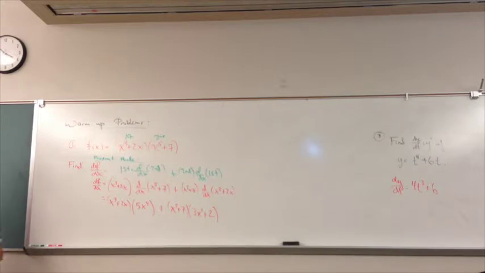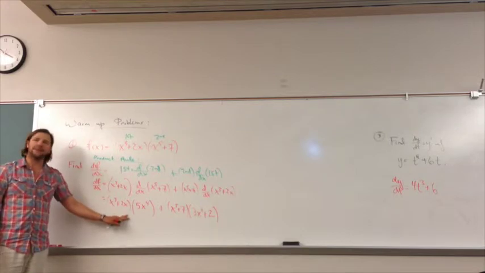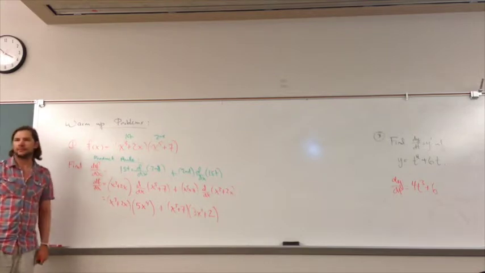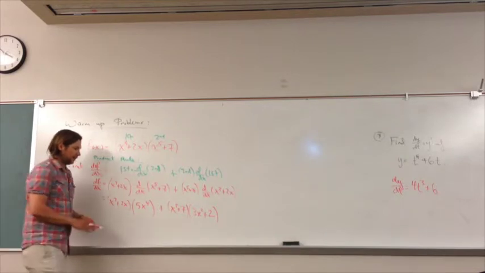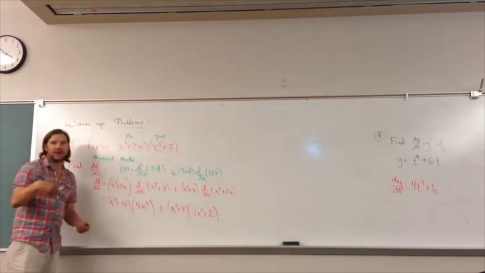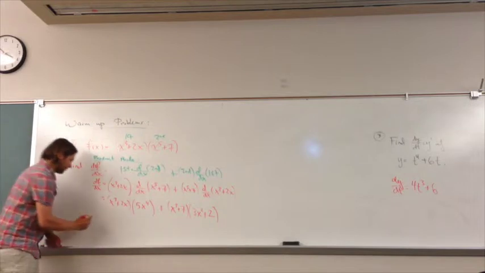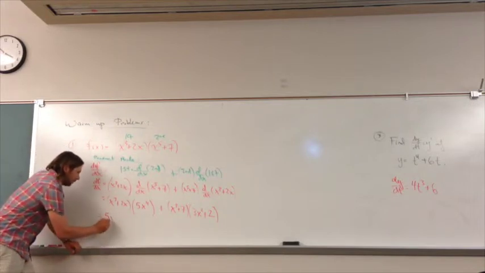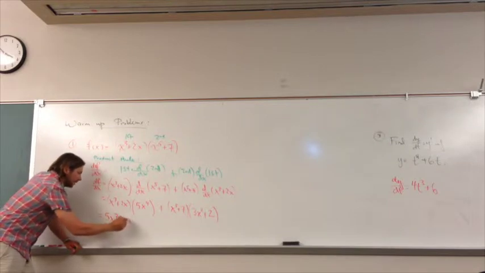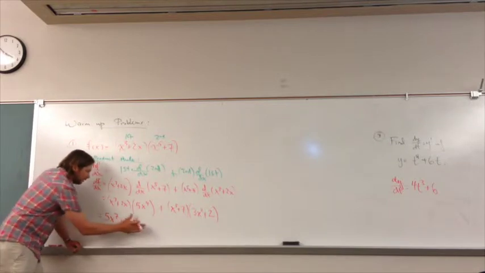Cool. And then, can you simplify this? Yeah, just distribute the 5x to the fourth into there, and then FOIL this, combine like terms. So let's just go through that one time so you see how it's done. That'll give you 5x to the 7th plus 10x to the 5th.